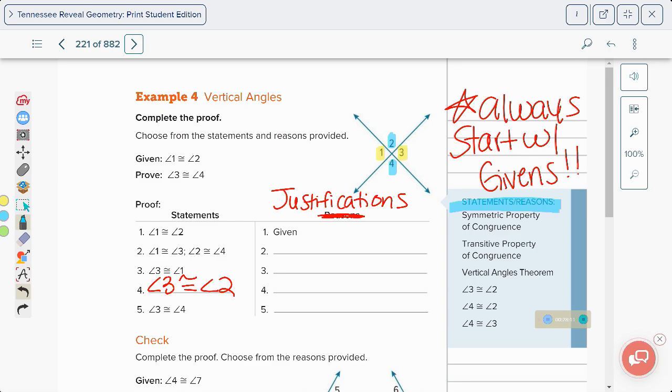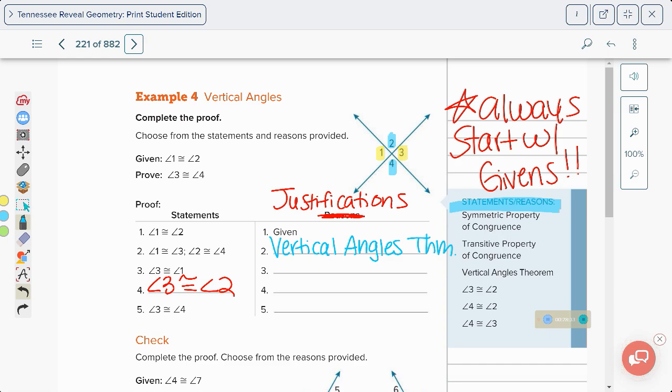Okay. So I hope you noticed that those are examples of vertical angles. So the reason they're congruent would be the vertical angles theorem.